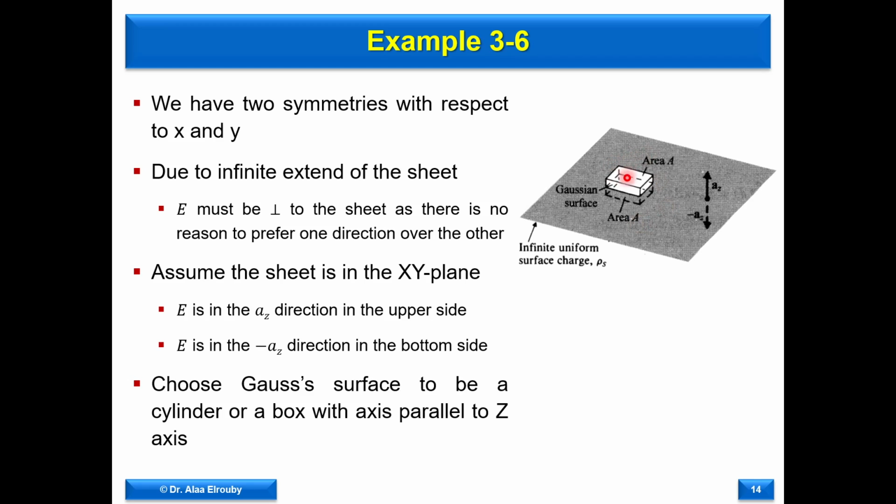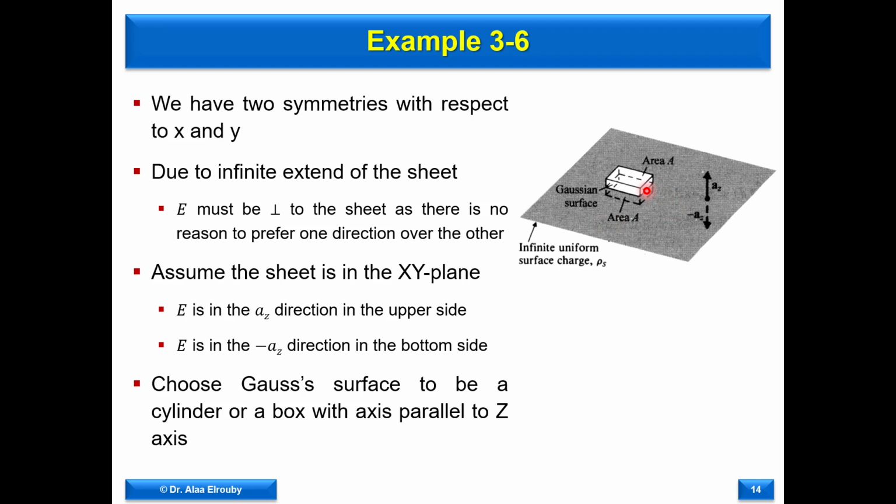The dS of the box on the top is going up, on the bottom it is going down, and on the sides it is going out of the side, but for the 4 sides it must be parallel to the xy plane. So for the top it's positive z, for the bottom it's negative z, and for the sides it must be an x and y expression.